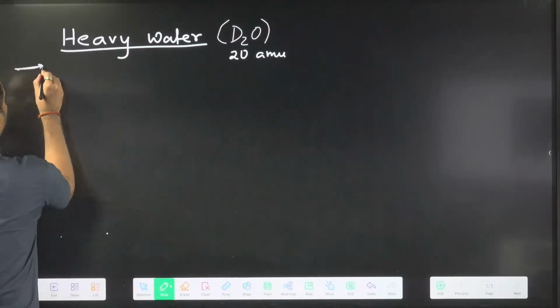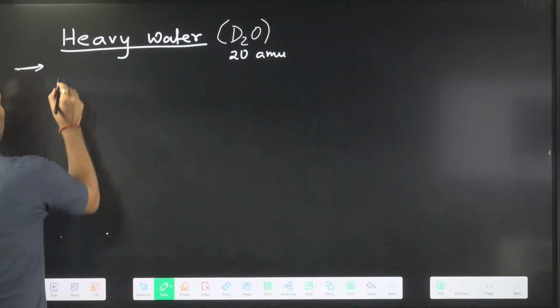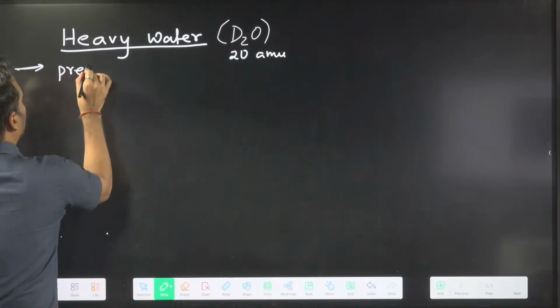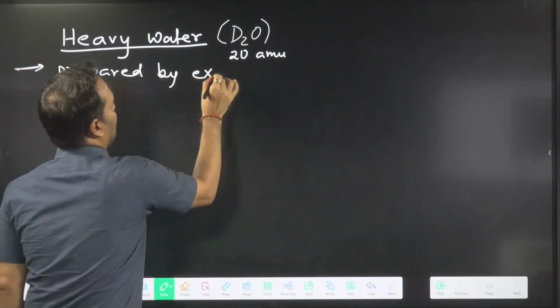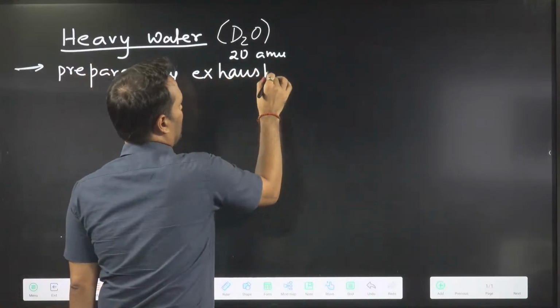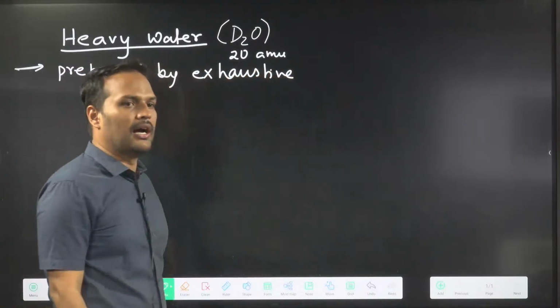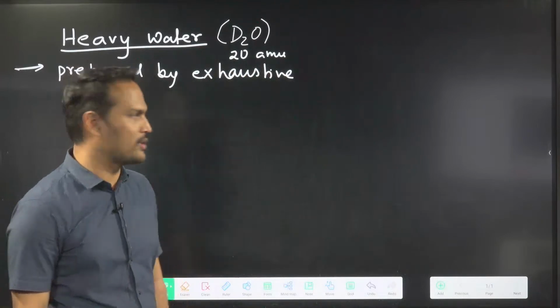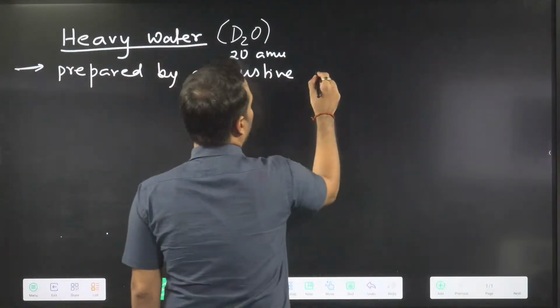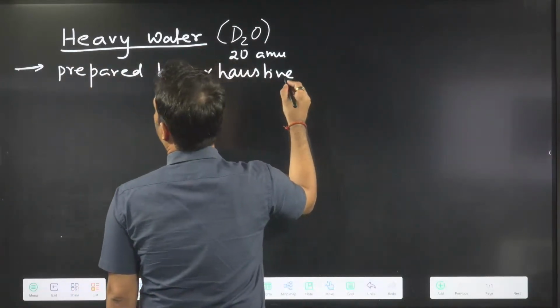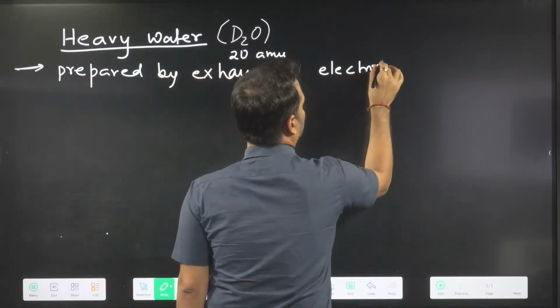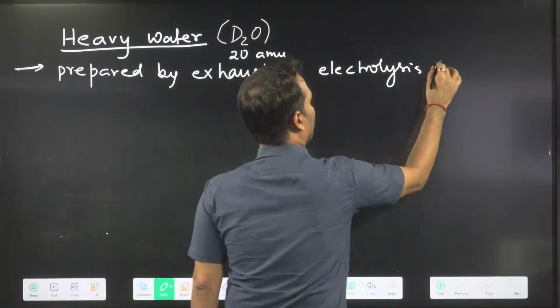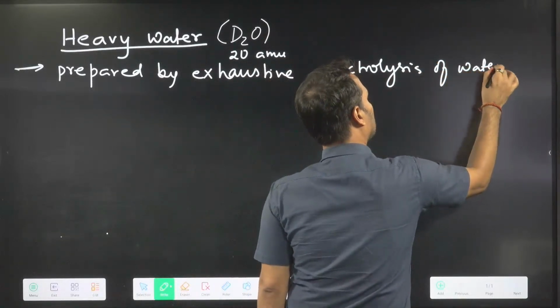Now we will write here 4-5 points, out of which the first point is that it is prepared by exhaustive electrolysis of water.